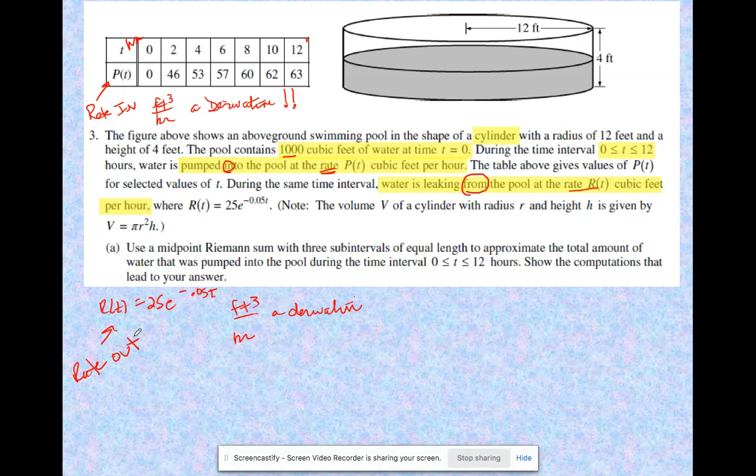Right? So there is a leak in the pool, started with 1,000 cubic feet of water. There is water going to be pumped in, but there is also water going out at the same time.